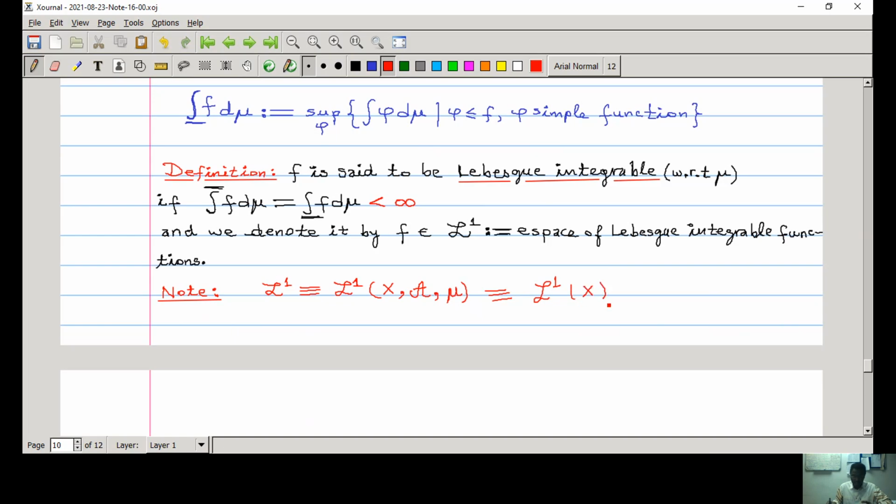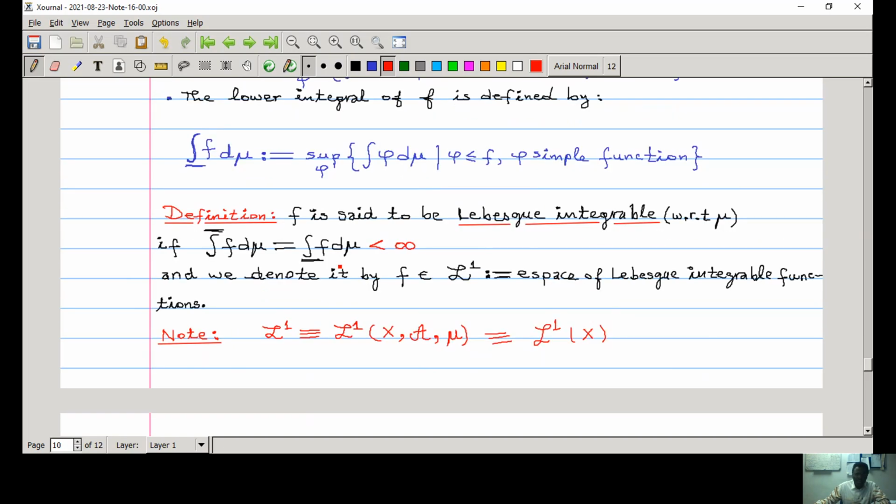It can also be different. But in general, you will not see the A and mu. If they are not explicitly indicated, know that this X is a measure space. It has a sigma algebra and a measure, because you integrate with respect to a measure.